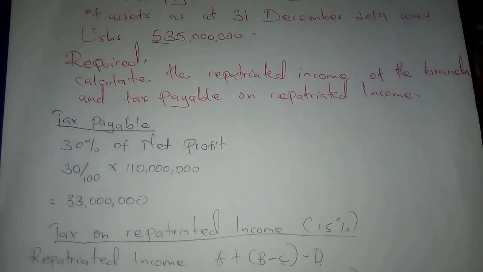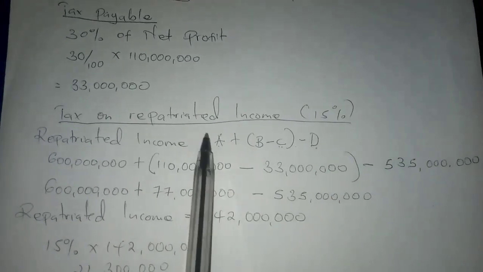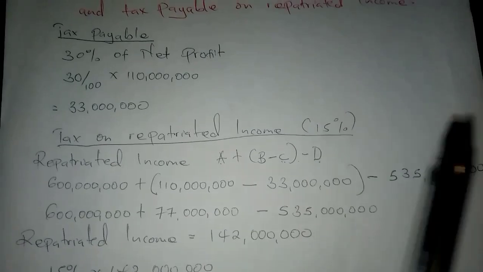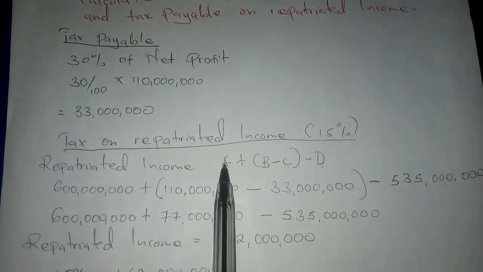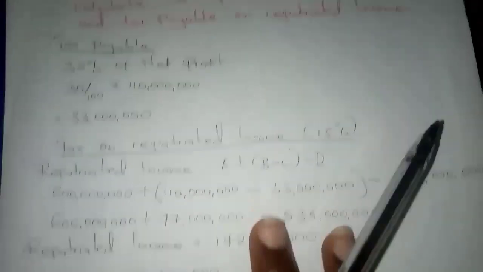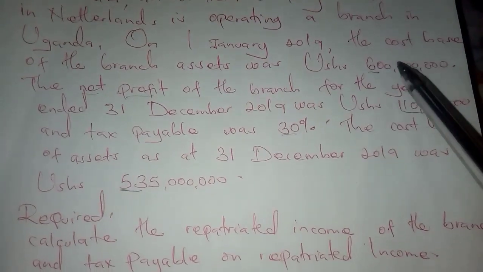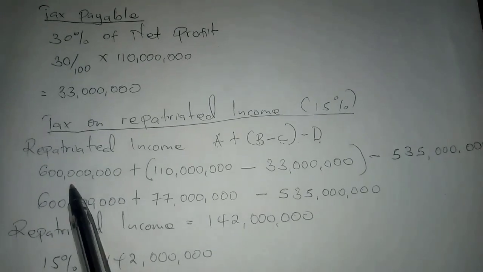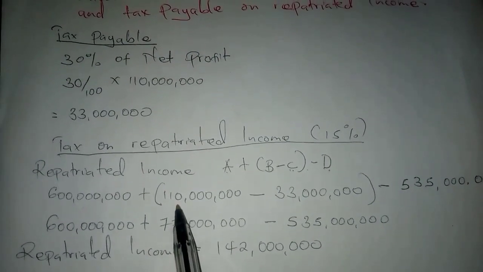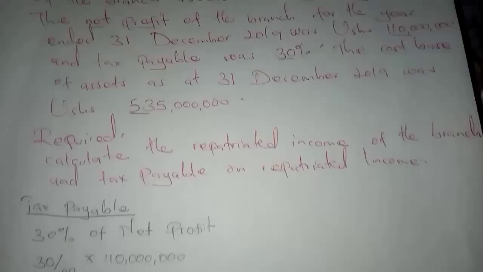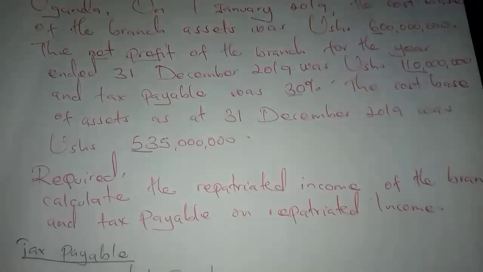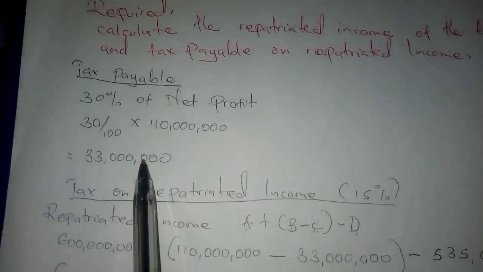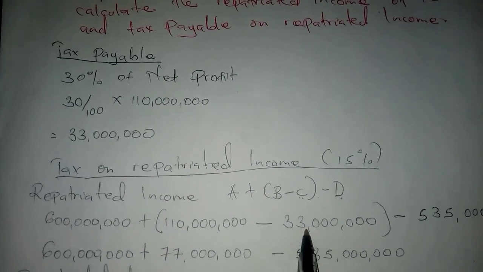After that, we go on to repatriated income. This is our formula: A plus B minus C minus D. A is the net assets at the beginning. It was given here in the question, 600 million. So 600 million, then plus B, the net profit, 110 million, minus the tax payable, which is 33 million.